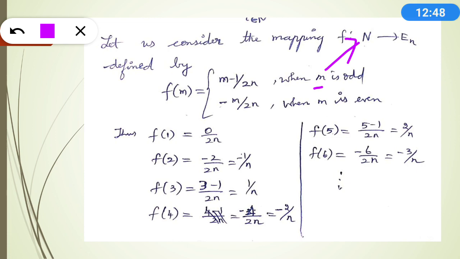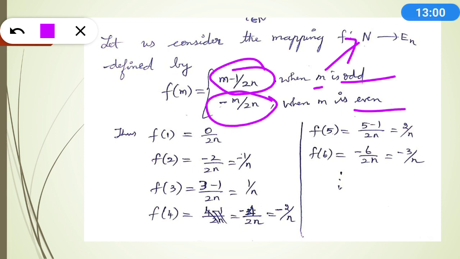So when I substitute 1, 2, 3, 4 like that, if it is an odd number, my function is m minus 1 by 2n. If it is an even number, my function is minus m by 2n.